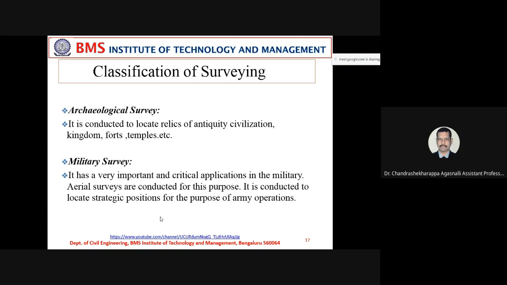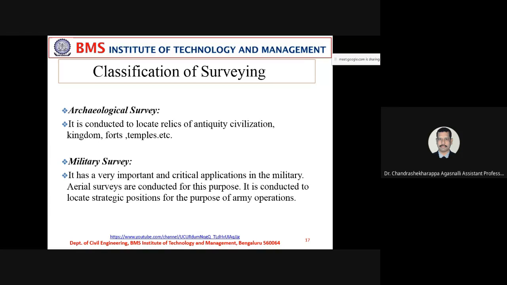Archaeology, I told you, is to locate the relics of antiquity, civilizations, kingdoms, temples. In earlier days, still now, most of the temples or hidden monuments are in the subsurface of the earth. Based on archaeological and historical data, the archaeological department does the survey part.